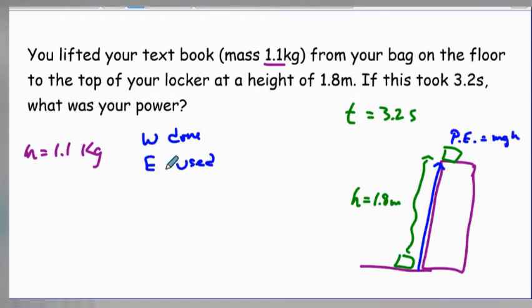So the work done was the work to give it this amount of energy. It went from having 0 joules of energy, and now we've raised it up. So what's its potential energy now?